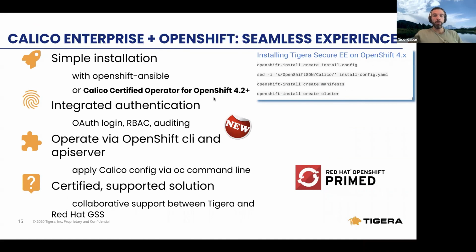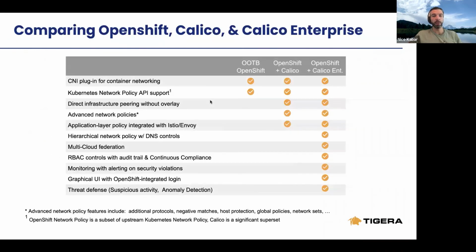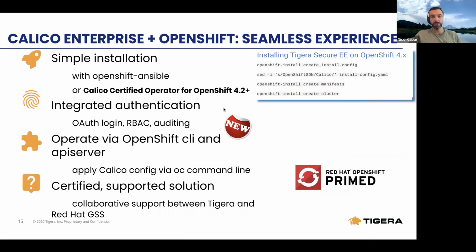We added a couple of things recently in the past two to three quarters, especially working closely with the OpenShift teams around the simplicity of the installation, especially with OpenShift 4.x. It's really straightforward to install Calico, a really out-of-the-box installation when you use the OpenShift installer. There's integration with OpenShift for auth and OIDC.